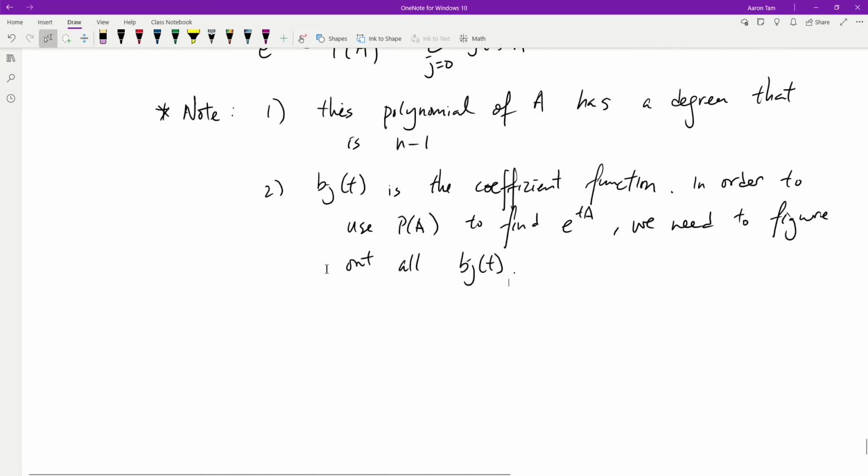So maybe give an example. This theorem basically claims that, let's say A is a 3 by 3 matrix.